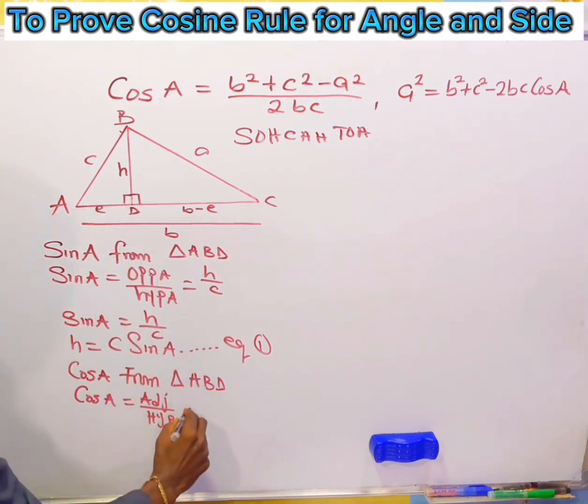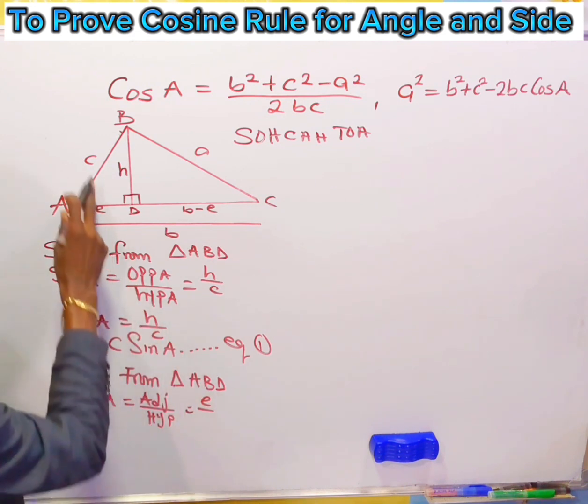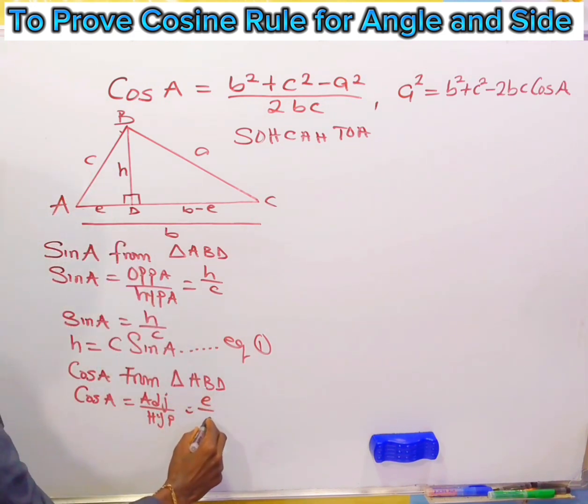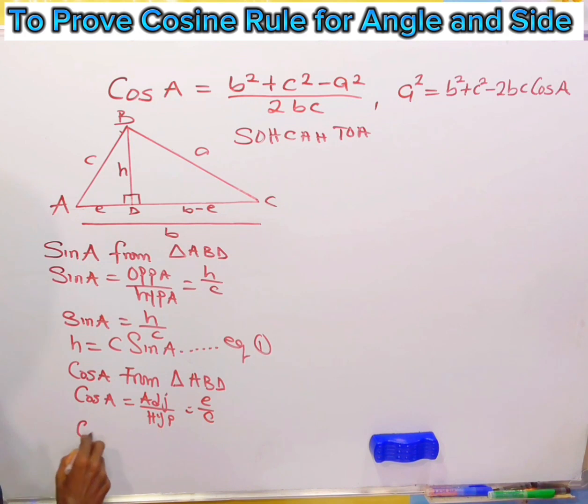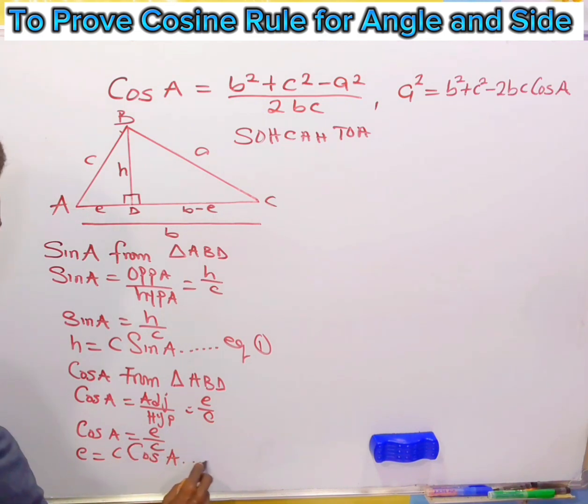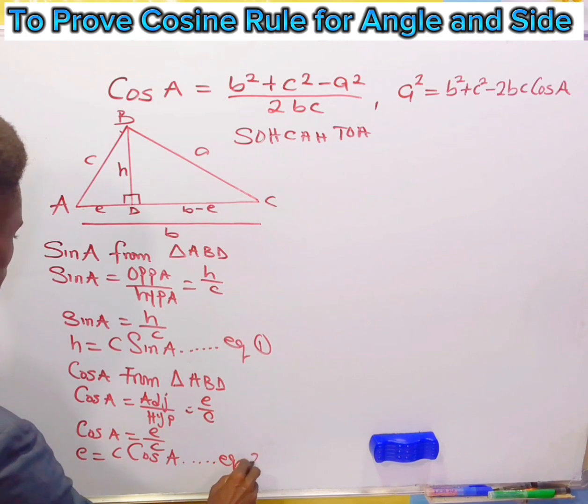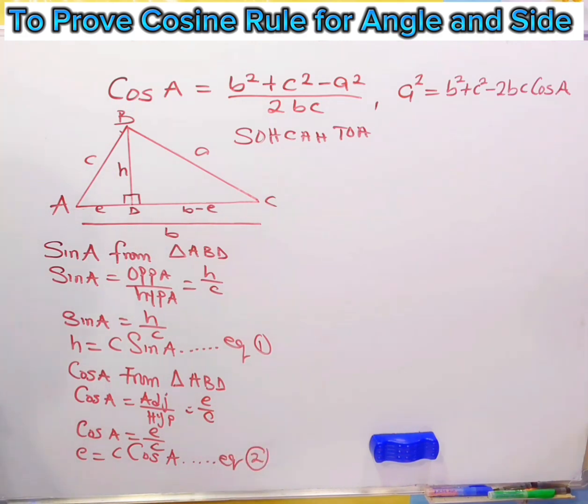Adjacent A is E, and hypotenuse A is C. That makes cos A to be E over C. Also, making E the subject of the formula, we have E equal to c cos A. Let's call this equation 2.